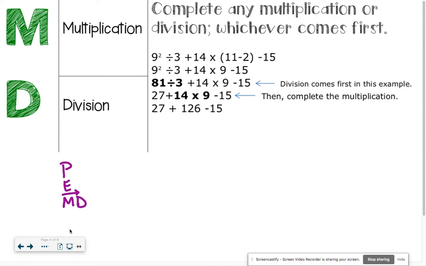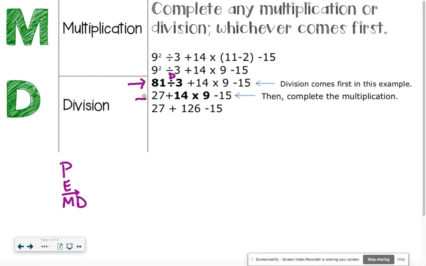I do this because they're done at the same time, but we go from left to right. So if we look at this problem right here, you will notice that it actually has division first. So we're going to do the division first before the multiplication.